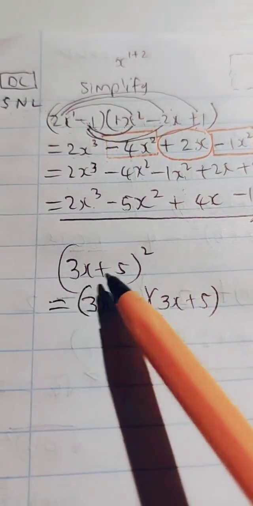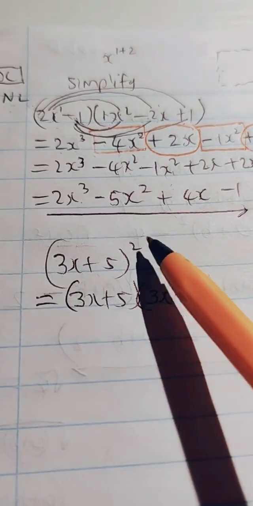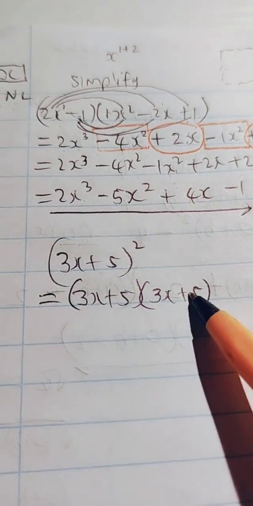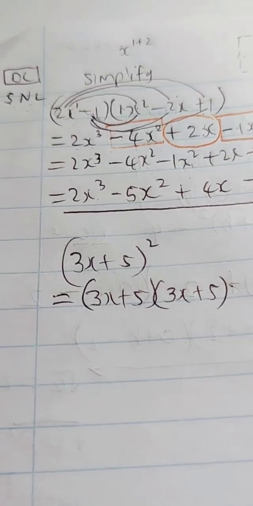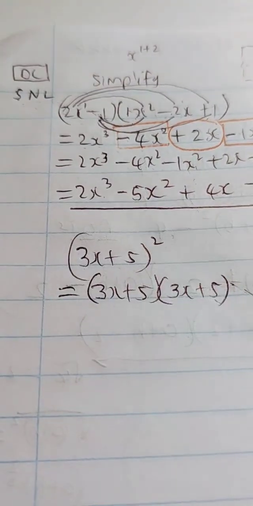Okay, so let's proceed. Like you guys said, we open 2. Why are we opening 2 brackets of 3x plus 5? It's because 3x plus 5 is squared. What does the exponent mean? It means repeat 3x plus 5 and multiply this number of times. We repeat the multiplication this number of times according to the exponent.